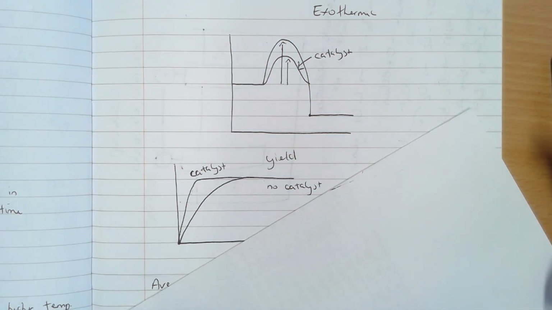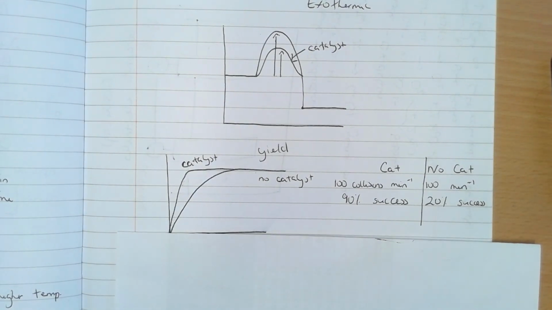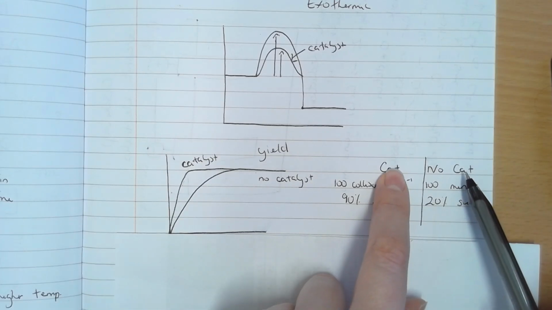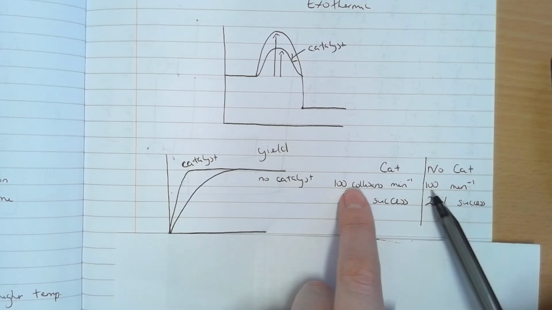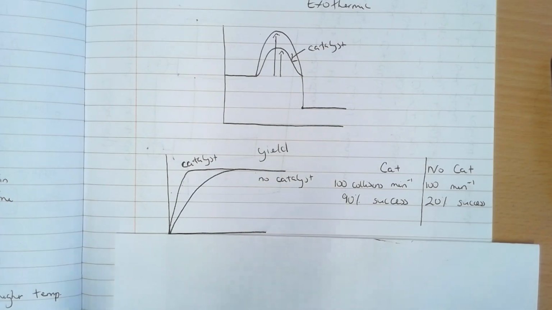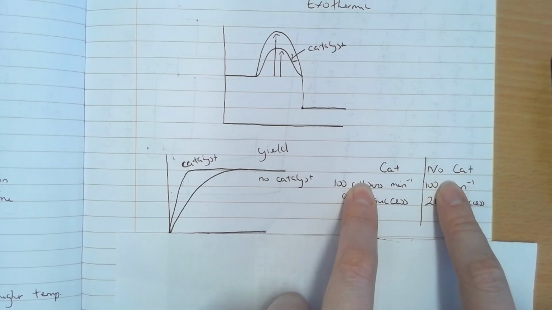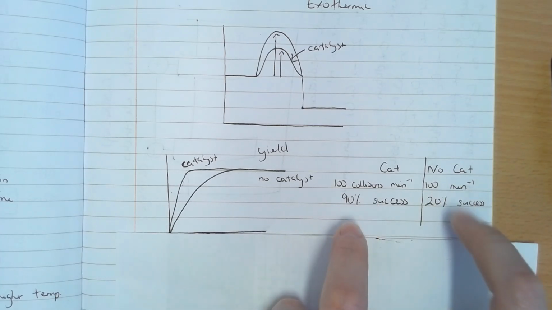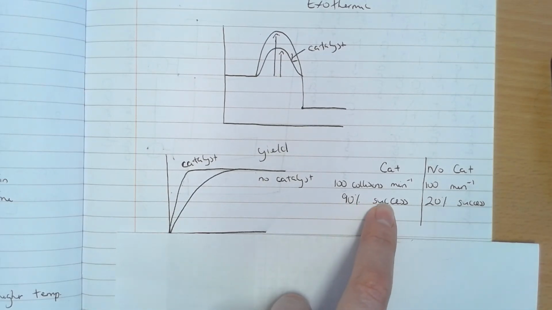Now the reason I want to point out catalyst is the only thing that you can't say you've got more frequent collisions. So this is my catalyst versus no catalyst, and I'm saying in both cases the collisions are 100 collisions per minute. So if you're talking about concentration, pressure, temperature, surface area, you can say they increase the frequency of collisions, but a catalyst does not do that. What a catalyst does do is it increases the frequency of successful collisions.